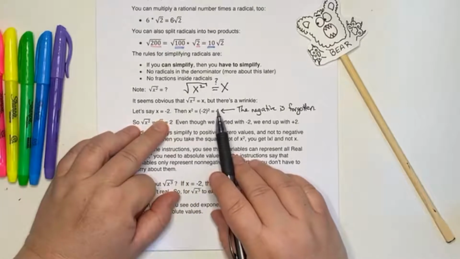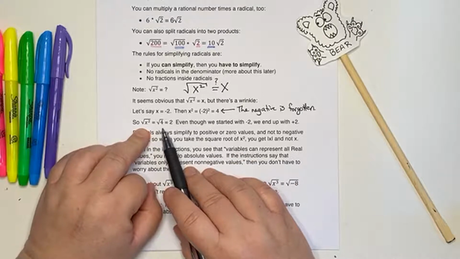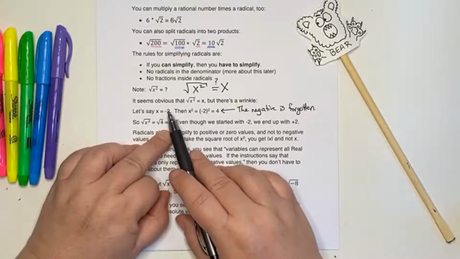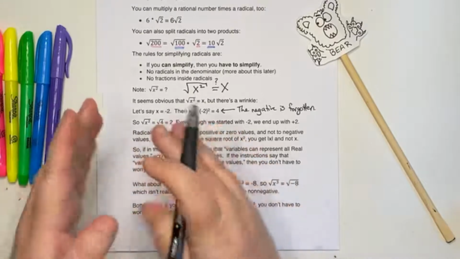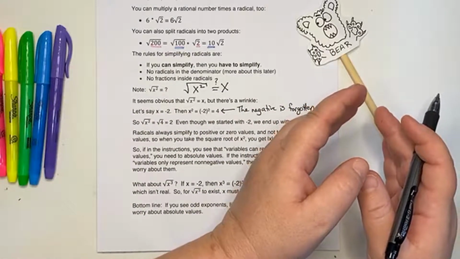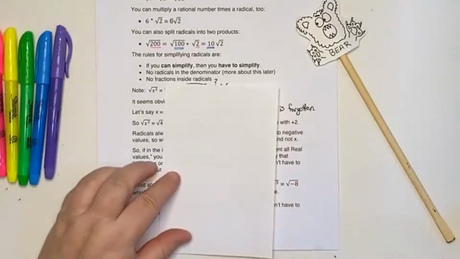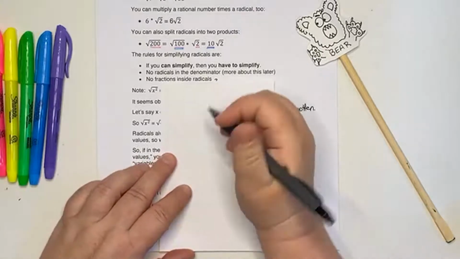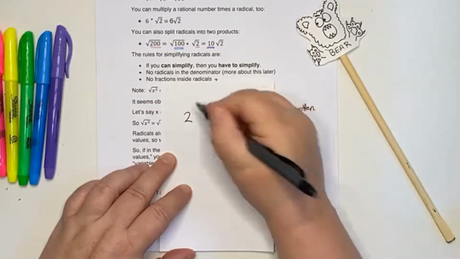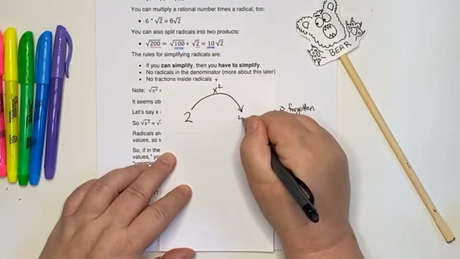So when you square it, you get up to 4, and then when you take the square root, it sees 4 and it says, oh, the square root of 4 is 2. And you'll notice these are not the same number. So you go from negative 2 up to 4, but then you come back to a different place. If I were to draw a picture of this, if I start out at 2, and I square it, x squared, I get to 4.